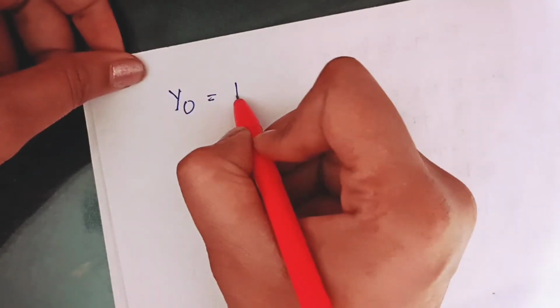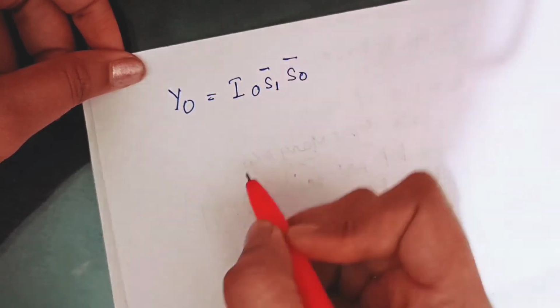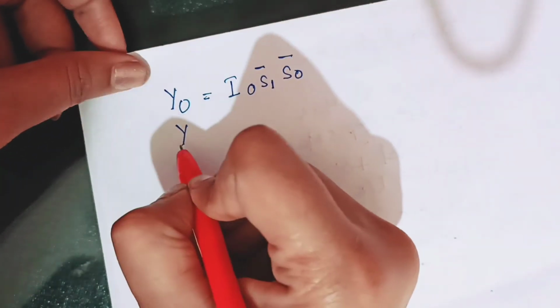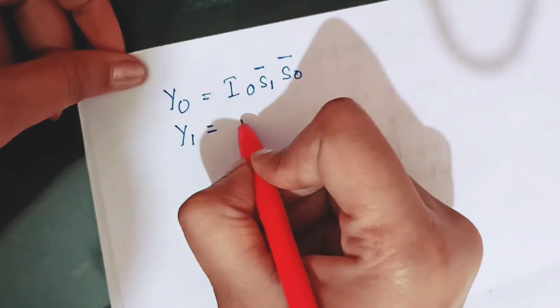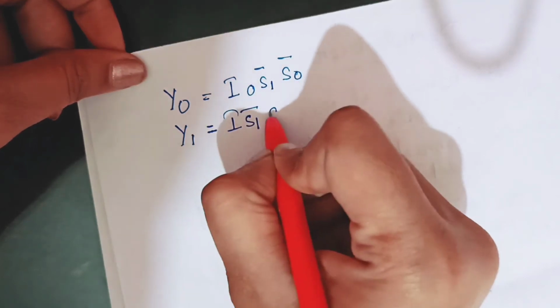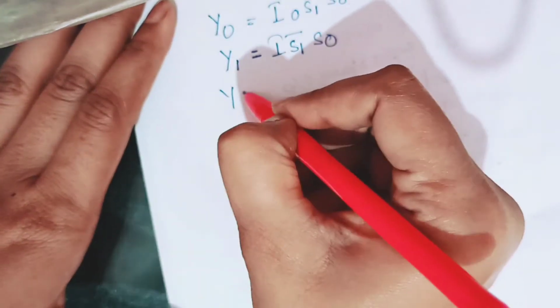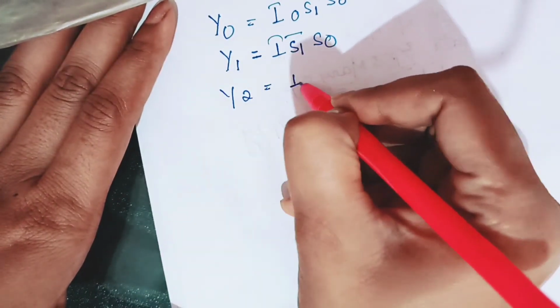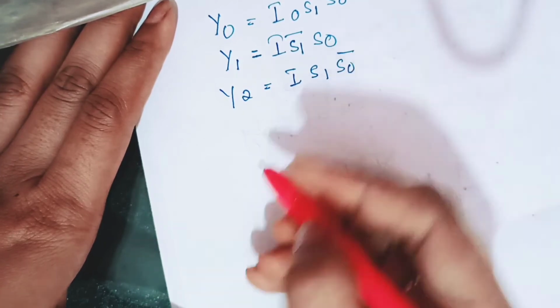Y0 is equal to I S1 bar S0 bar. Clear? Your Y1 is equal to I S1 bar S0. Y2 is equal to I S1 S0 bar.